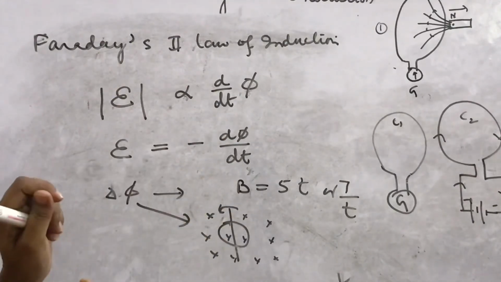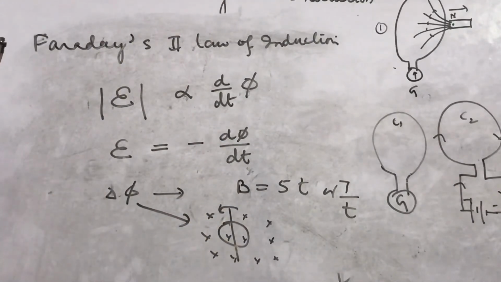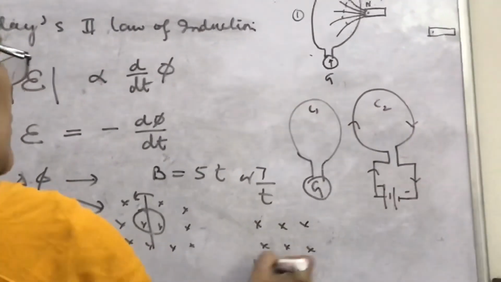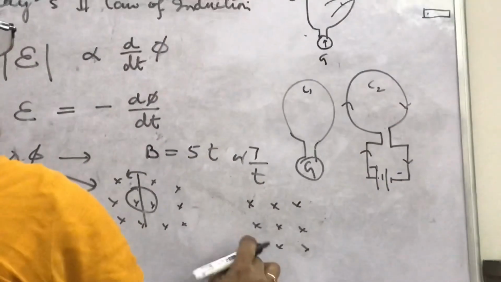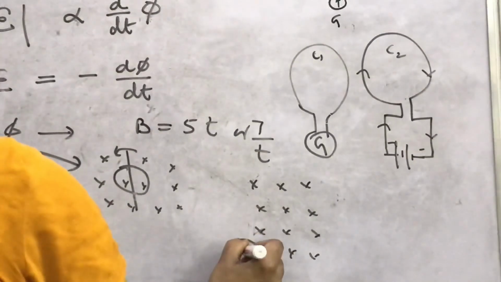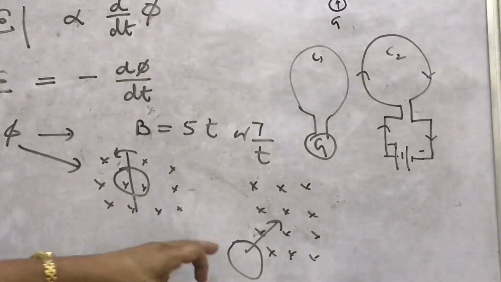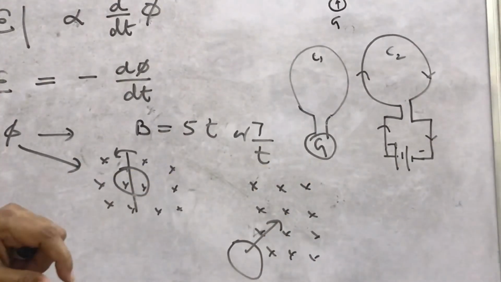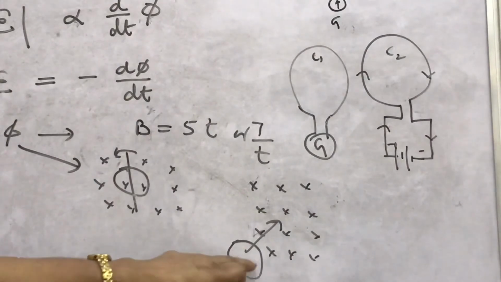In the same way, if there is a magnetic field and you take a closed coil from outside the magnetic field and bring it closer, within the magnetic field, what will you find? There were no field lines.